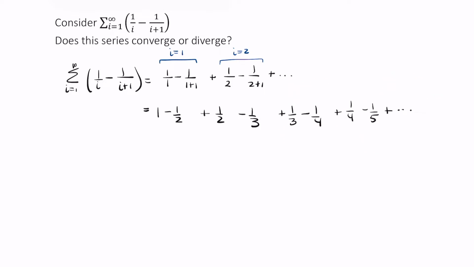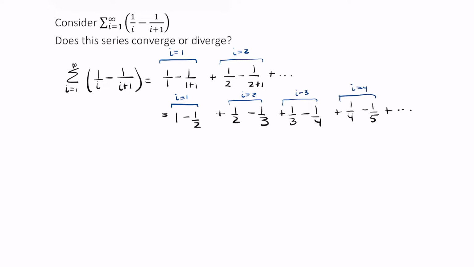So you should have gotten what I have here, that is 1 fourth minus 1 fifth. And I'm going to scooch these terms all a little closer, so there we go. So again, this happened when i equals 1, i equals 2, i equals 3, and i equals 4.